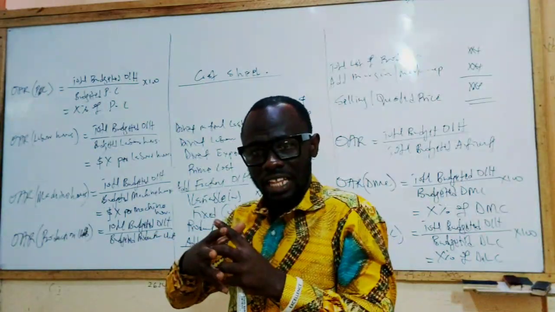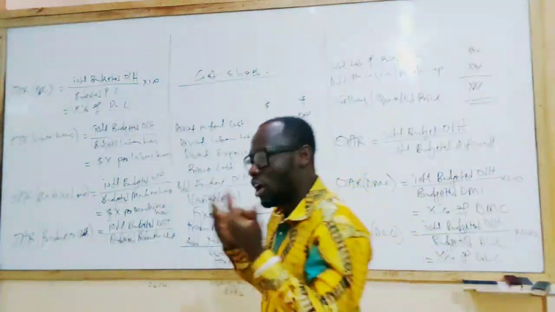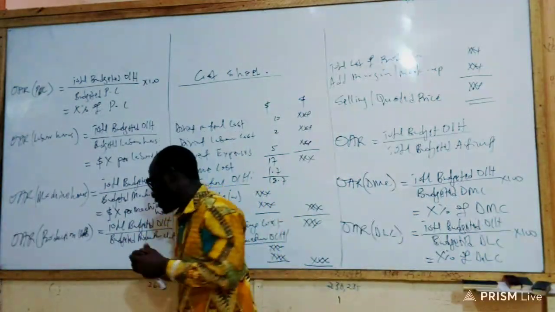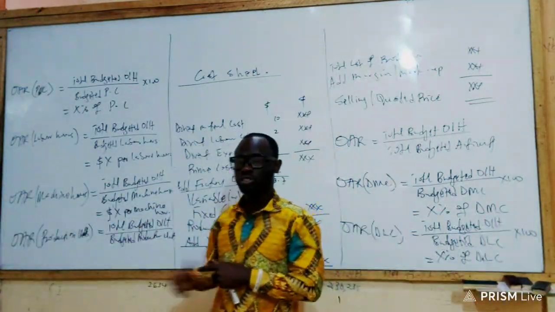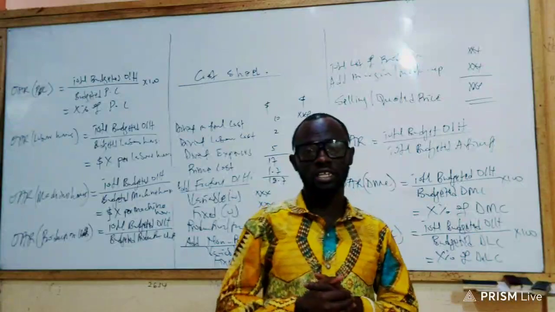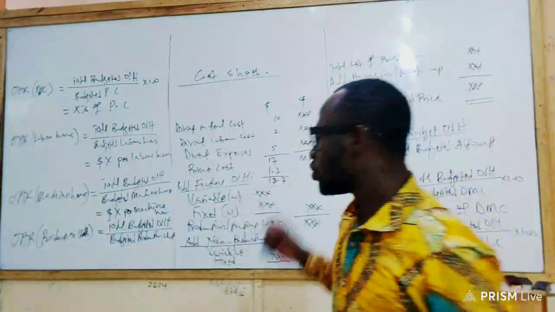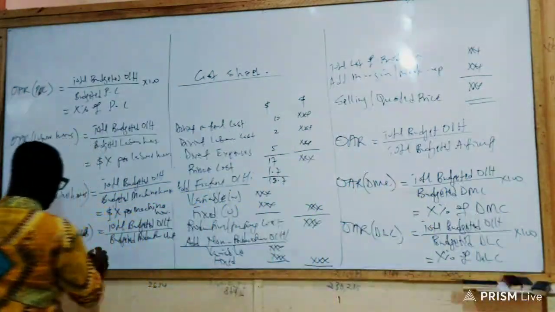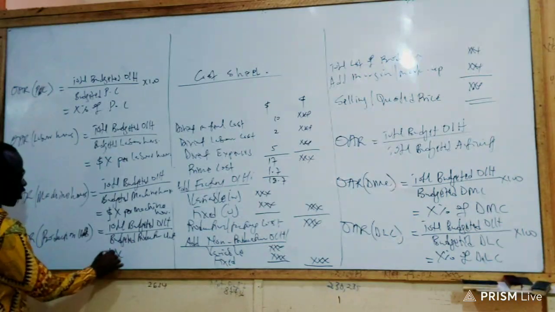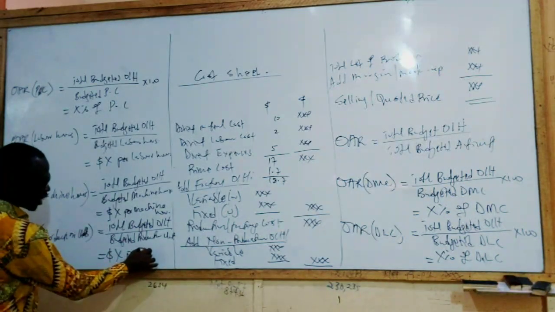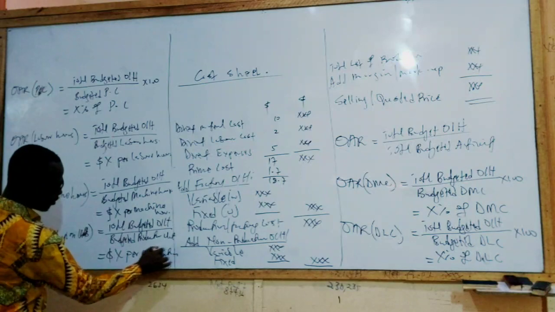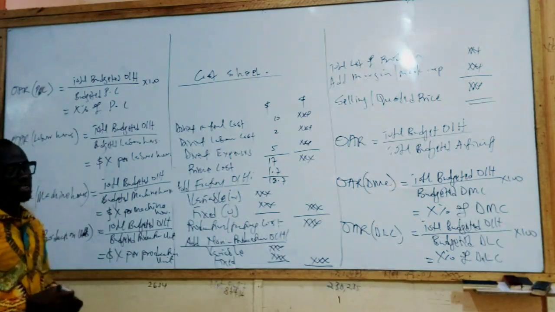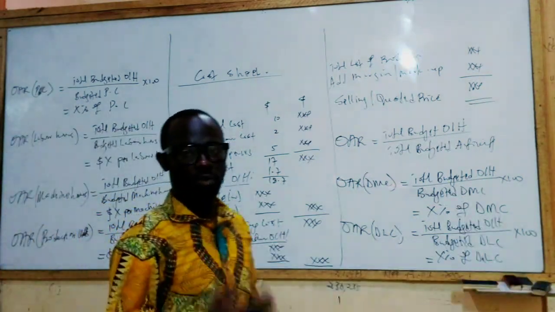We add the three up, and that is 100 units, and that is going to be the total budgeted units that we're going to be getting. So this time around, our rate is going to be X dollars per production unit.